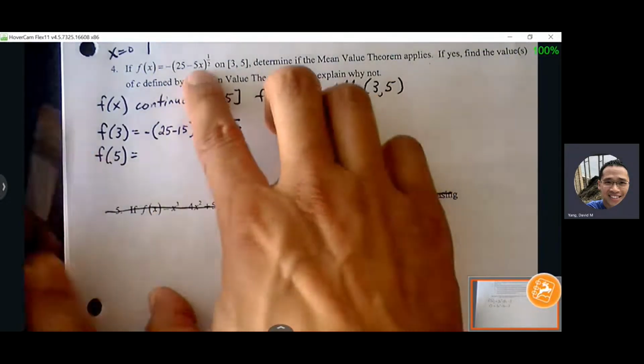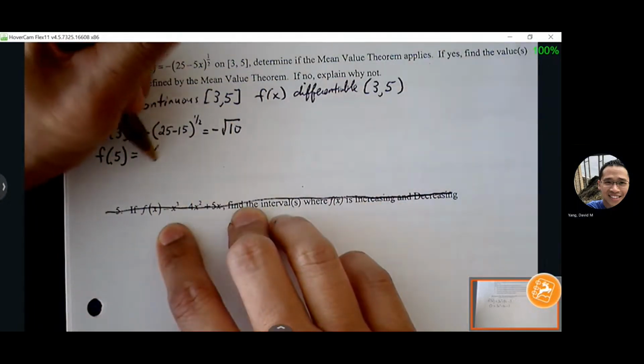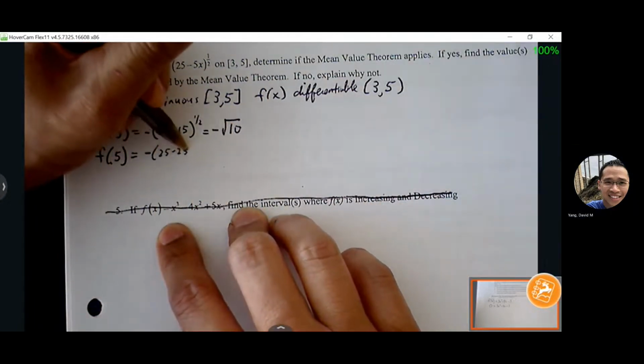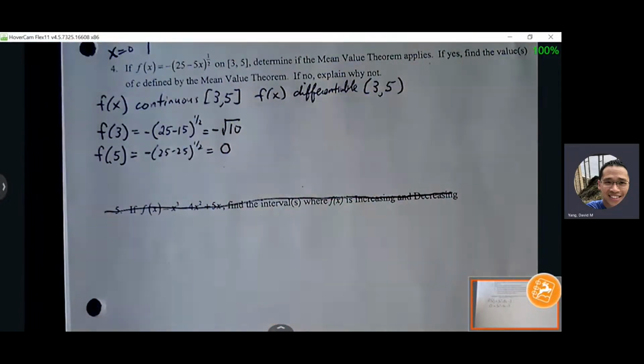Now 5 into the function. 25 minus 25 is 0. Negative 0 to the 1/2 is the same thing as 0.